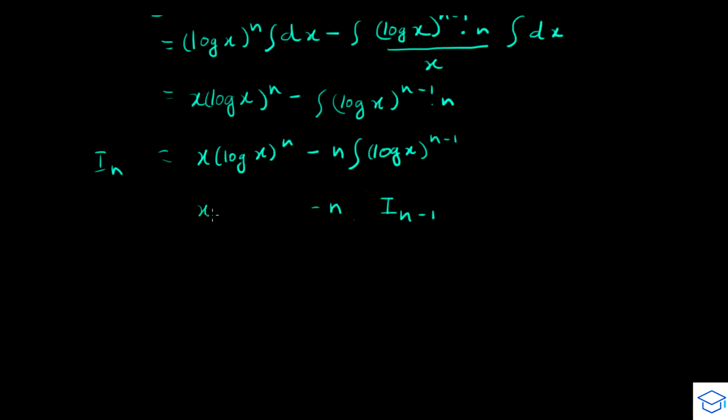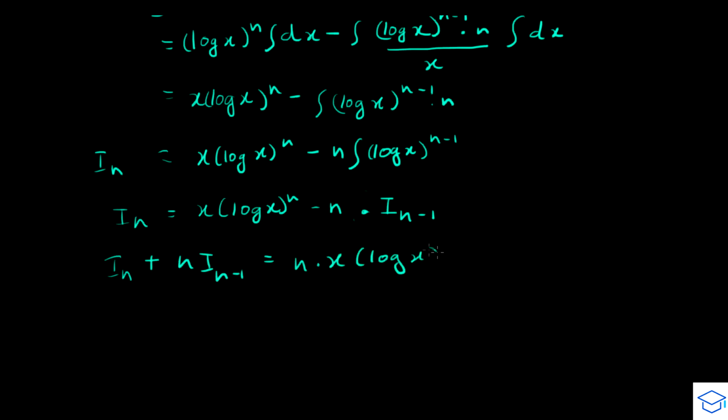So In is equal to x (log x)^n minus n into In minus 1. So let me take the second term that side. So In plus n into In minus 1 is equal to x (log x)^n. So this will be your answer.